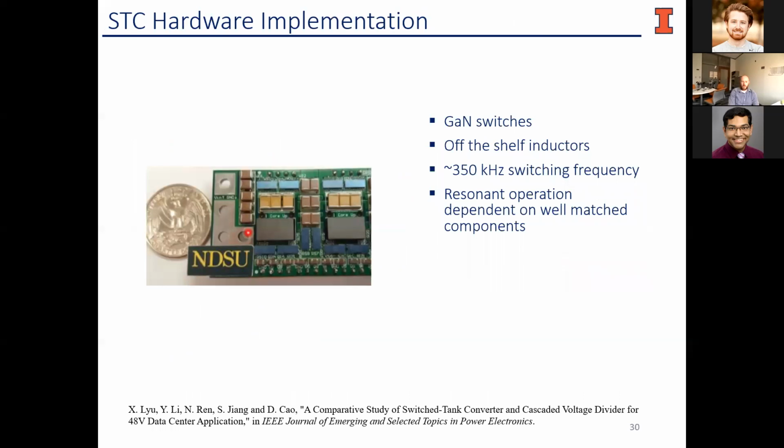So they choose some very specific technologies when it comes to the capacitors that have very tight tolerances. Same thing with their inductors. This particular topology has to operate at a very specific resonance frequency, otherwise it loses a lot of the benefits. But overall, again, a very nice hardware implementation. They also, at least in many of their cases, had these boards professionally manufactured as opposed to manufactured in the lab.